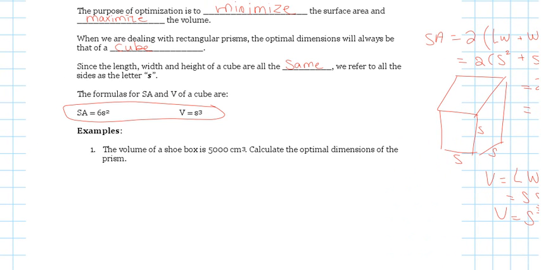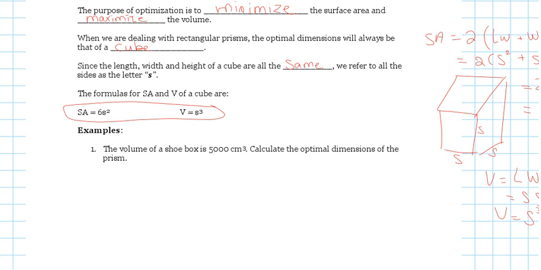But when it says optimal, then you're looking at optimization. So calculate the optimal dimensions. What does the word dimensions mean? Length, width, height, the side length. Dimension means side length. So calculate the optimal dimension of the prism.